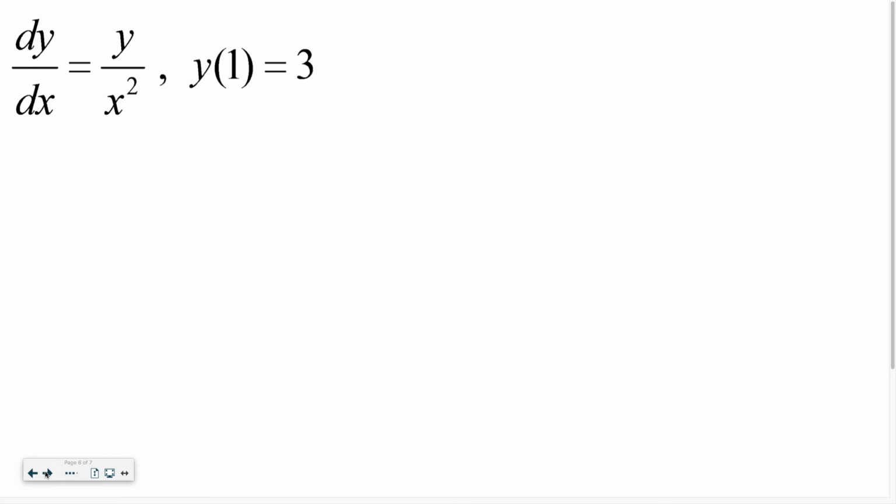So in my integral, I can change it to x to the negative 2. It'll be negative x.